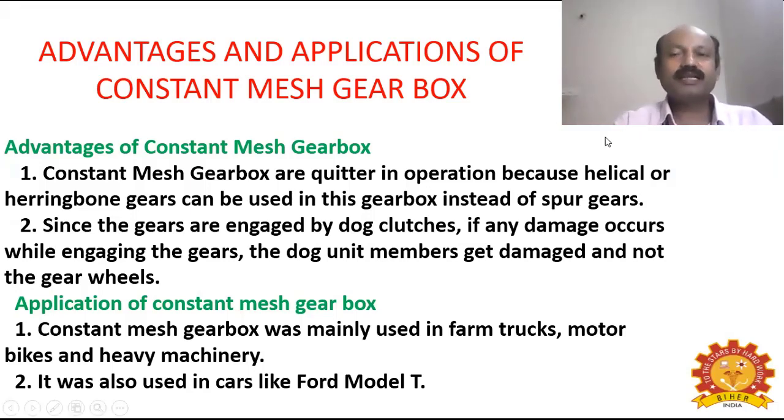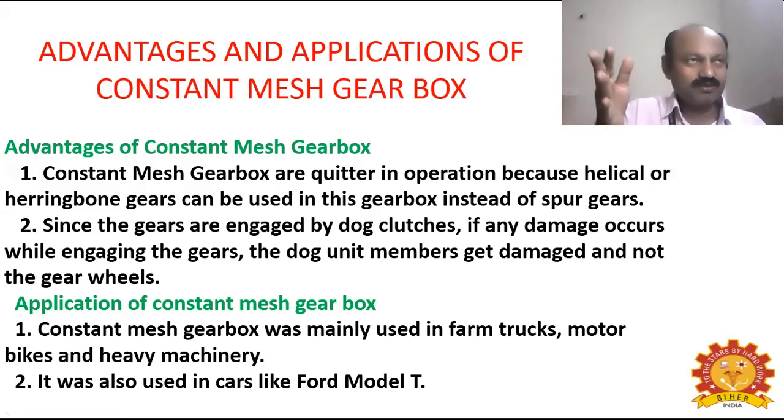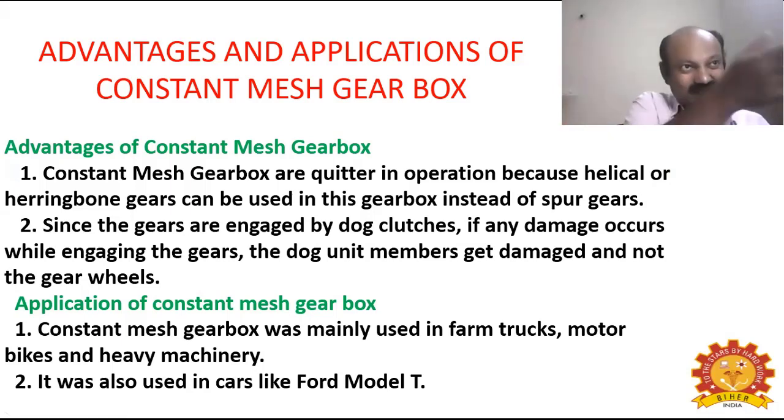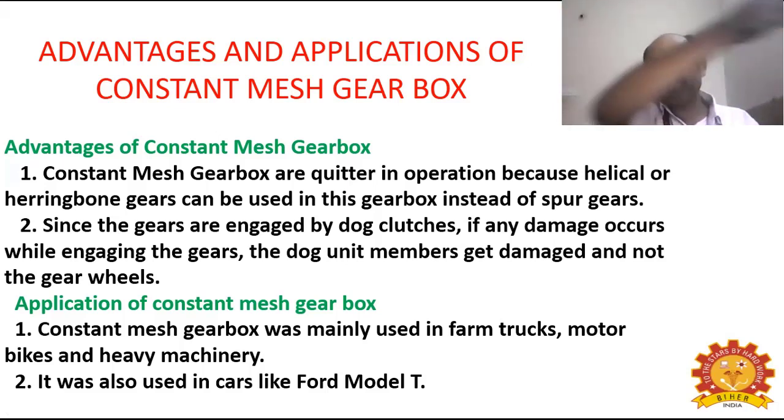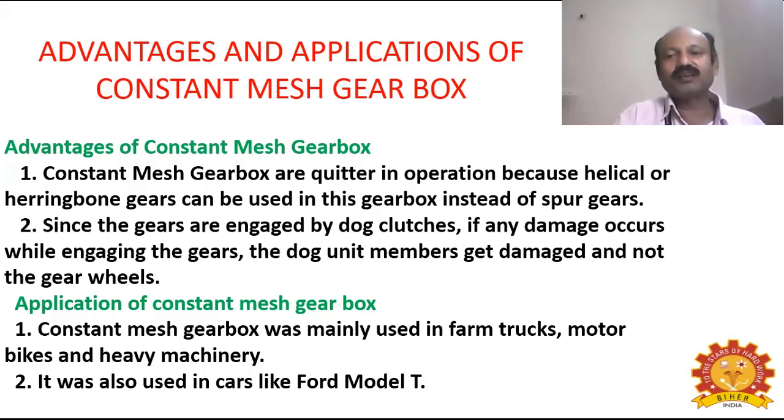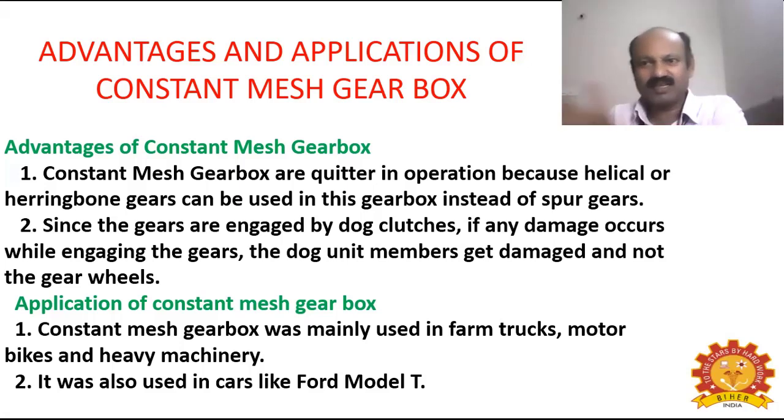But in the sliding mesh gearbox, during shifting of gears, the bigger gear has to move right or left. Here only the dog clutch is moving, so the big gear need not be moved to get engaged with the gears on the lay shaft.